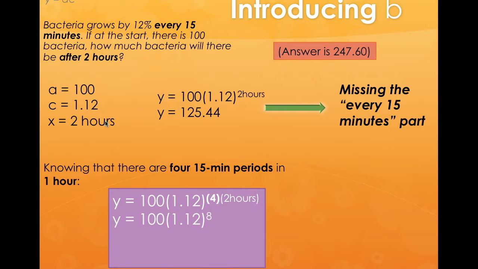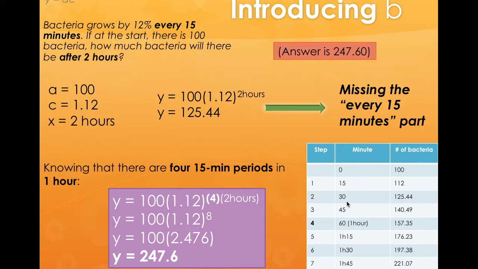And if we do that, we get our new exponent, which is 8. And when we solve, we get the answer that we had when we did our really long table. Okay? And again, we know that there are 8 steps because we know that there are 4 15-minute periods per hour.